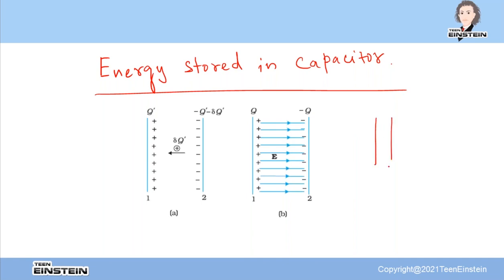Suppose these are two plates, and this is the capacitor. Initially, there will be no charge on the plates of the parallel plate capacitor. This is the discharged condition, that means there is no charge.